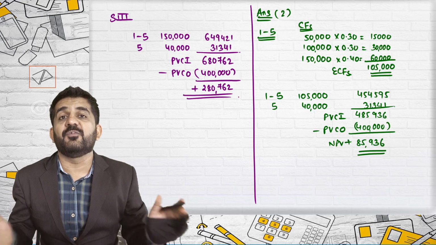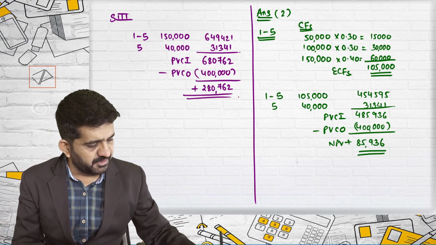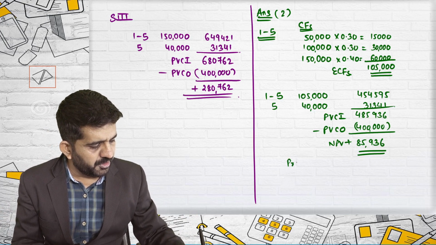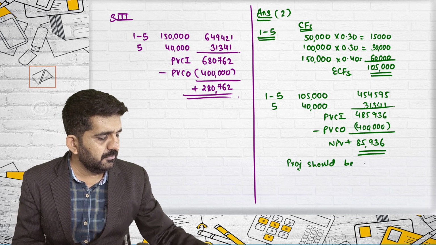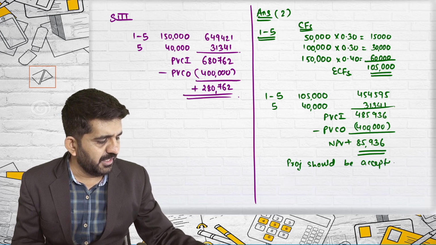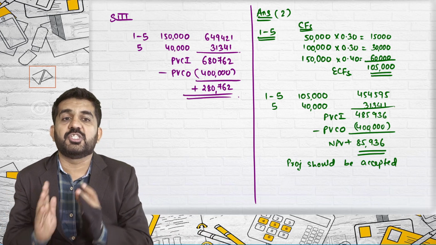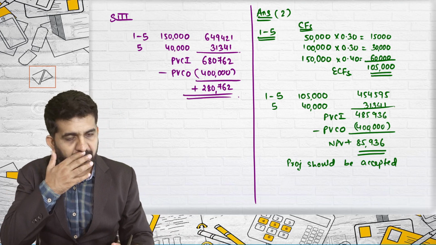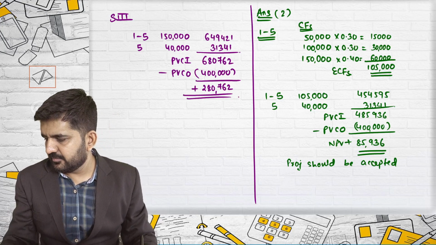You are not giving 3 different answers. You are giving only one answer, which is plus 85,936. And you can write down over here that the project should be accepted, which you cannot write in scenario analysis. In scenario analysis, you are just giving the answer that this will be my expected cash flow, expected NPVs.